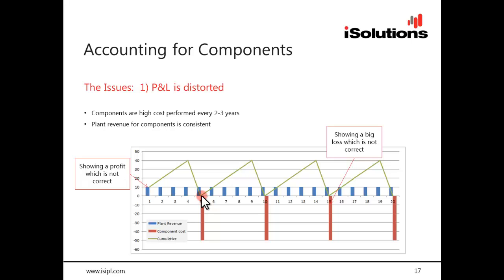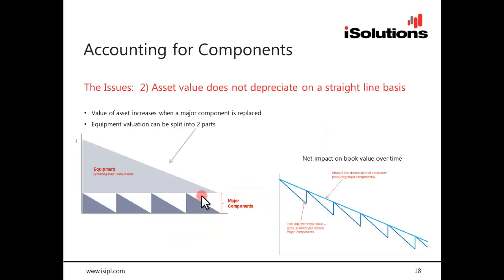The flip side of the coin on that, it's the same issue, just looking at it from an asset valuation, is assets don't really depreciate on a straight line basis.